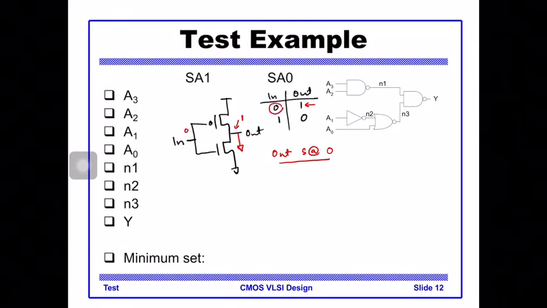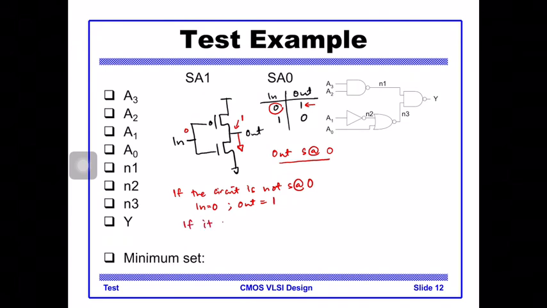So you will put in a 0 here, right? If the circuit is not stuck at 0, the input is 0 and the output will be 1.